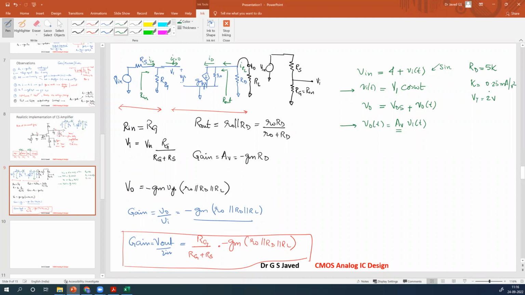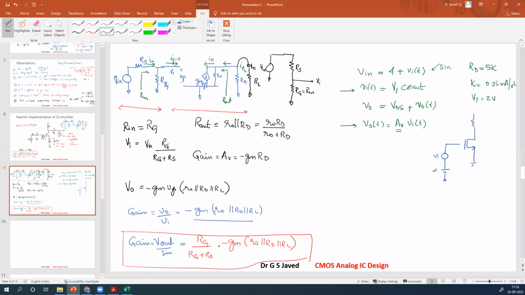So we have seen this diagram. For people who are not able to visualize, let me draw it this way. This is Vi.